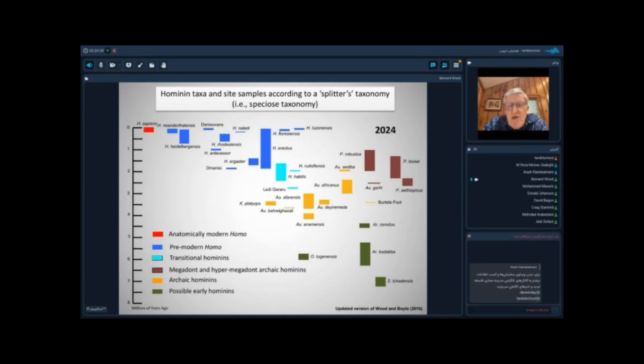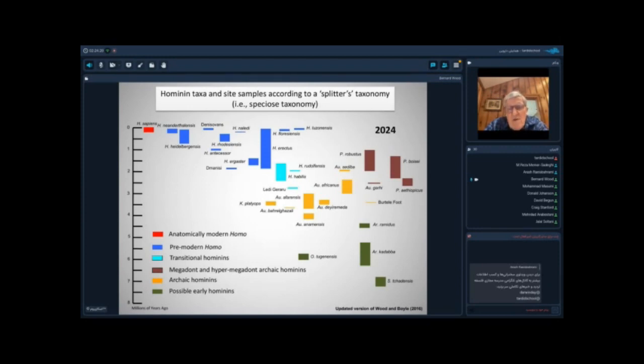This is a pretty speciose interpretation, and the vertical axis is time. And each of these columns is a hypothesis about the existence of an extinct, or in the case of modern humans, we are still narrowly around, but the rest are extinct.